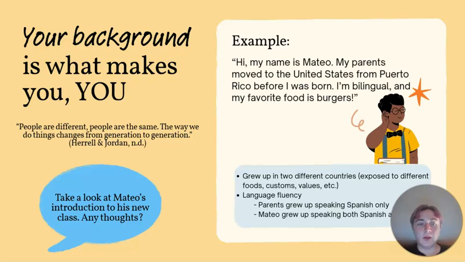Alright, so to start off, I just want to point out that your background is what makes you you. So for any of the questions that we talked about prior, like the languages that you speak, where you grew up, your specific nationality or your ethnicity, or any little things that you guys did growing up, like the examples that I had in the slide before.